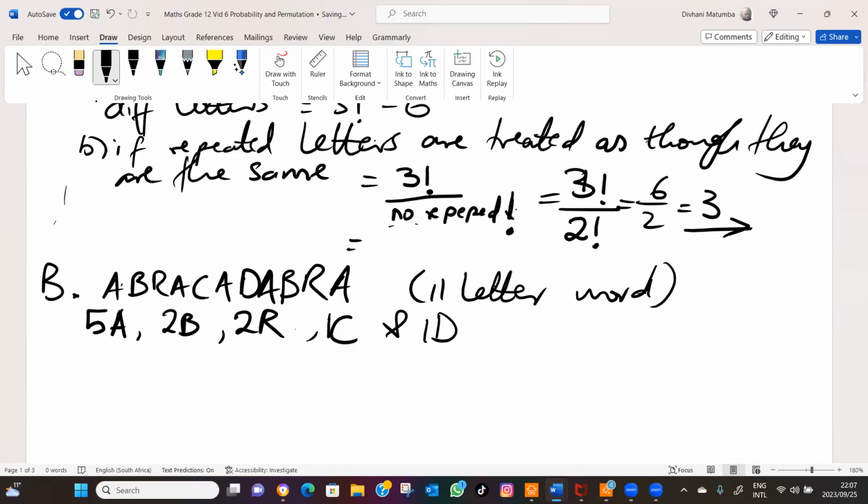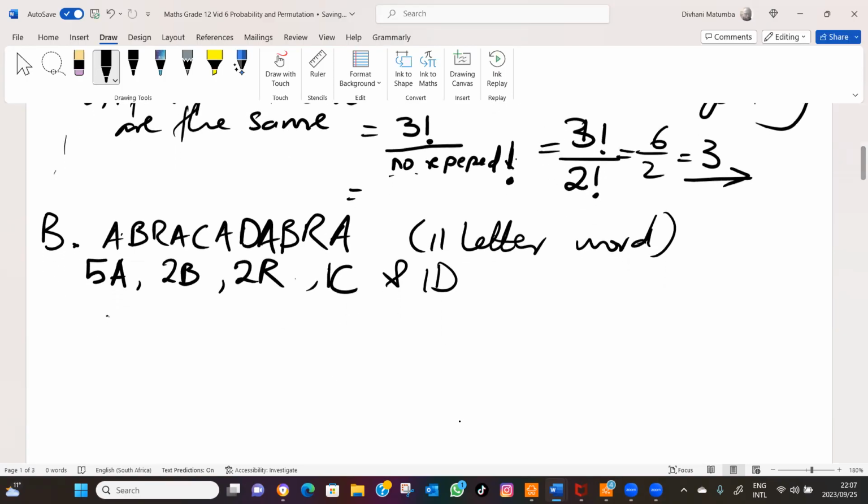Now, the number of permutations will be given by the following. The rule still applies.